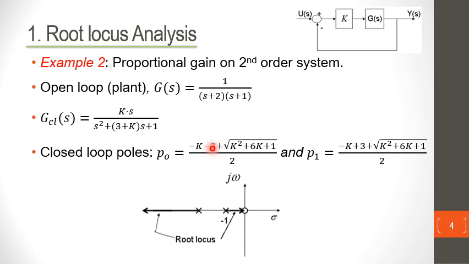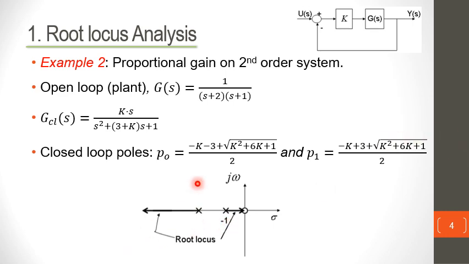So you have -3 plus 1, which is -2, and -2 divided by 2 gives you -1. So this would be the location of this particular pole, and then P1 will be the location of this other pole.